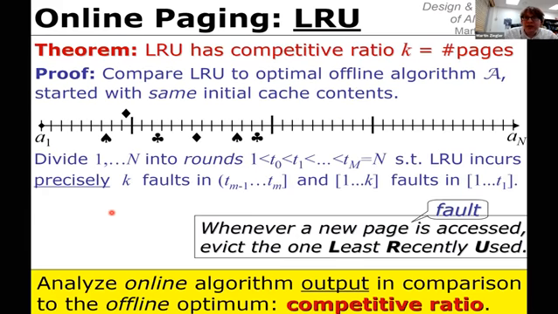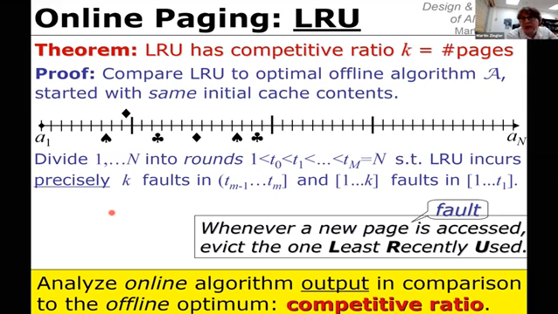And in such a way that in each phase, except for possibly the very first phase, the LRU algorithm incurs precisely k page faults. And then we have proven that the optimal, actually any offline algorithm, any algorithm at all, must incur at least one page fault in each of these phases.